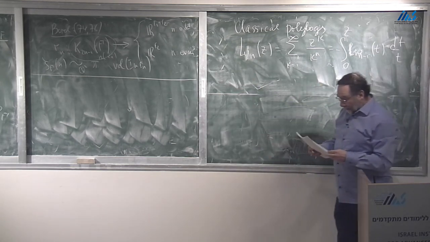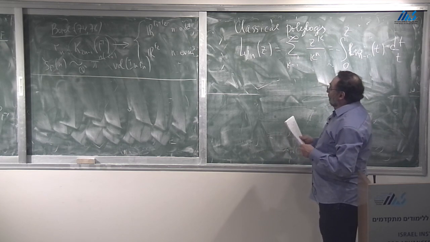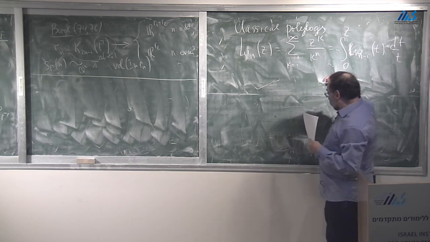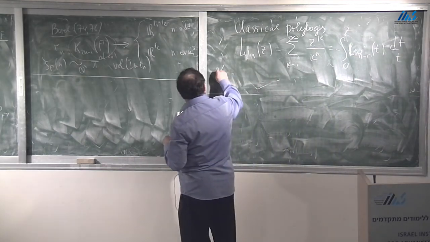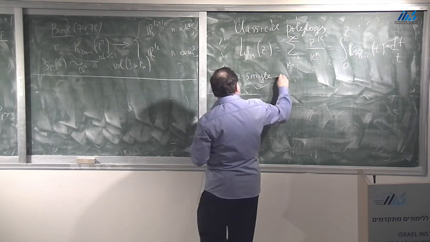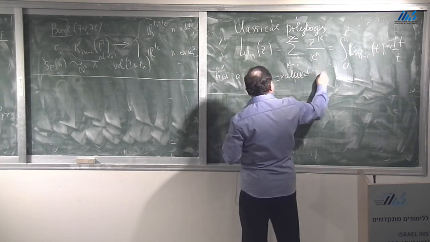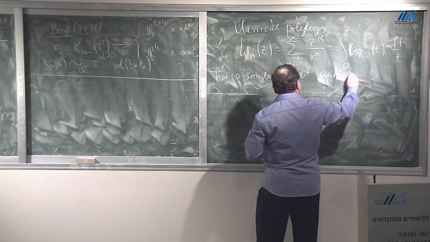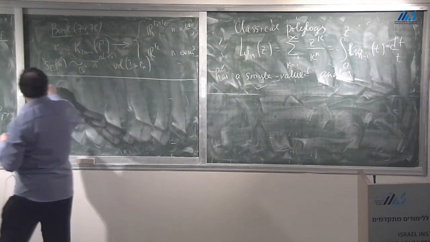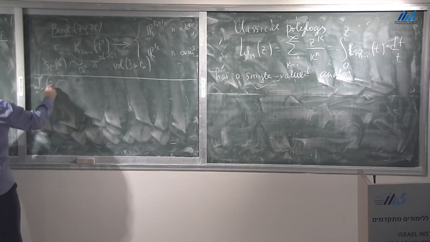All right. So first of all, I wanted to explain what the goal is. This function has a single valued analog. It has many single valued analogs. So let me write it so that David can see. This is L_n of z.